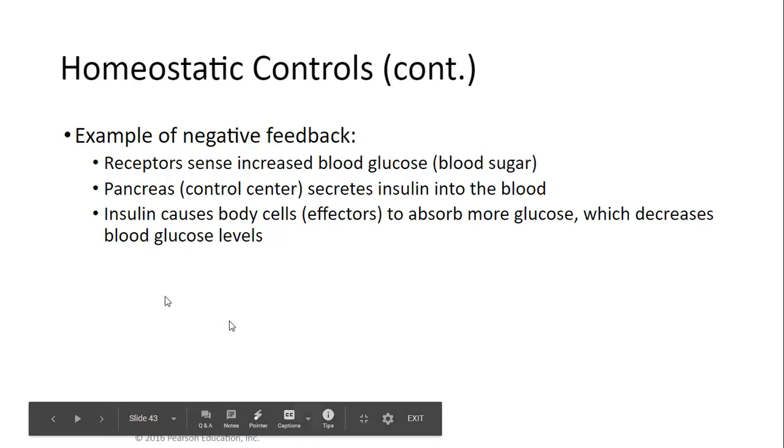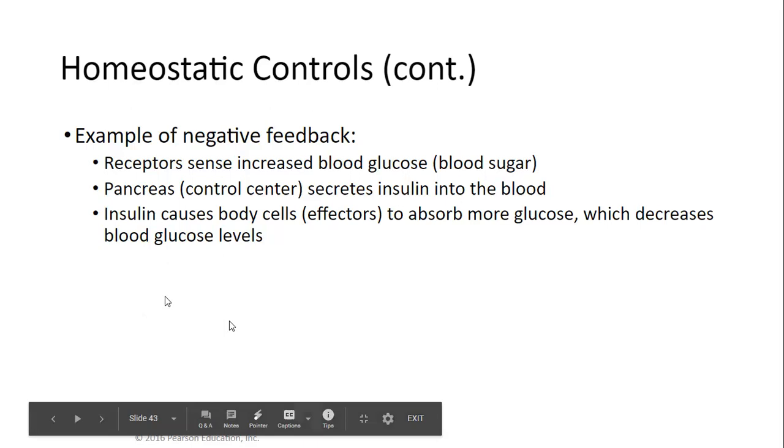All right, so this is just showing you how, again, you can think of homeostasis as balance, right? You have a stimulus, which is usually going to result in some kind of imbalance. And then the receptor detects the change.